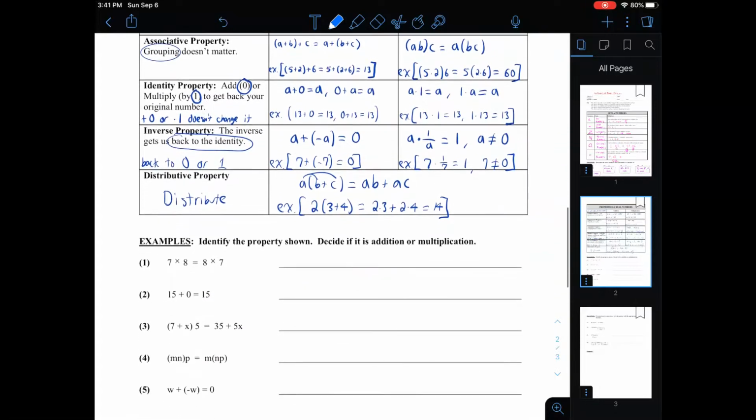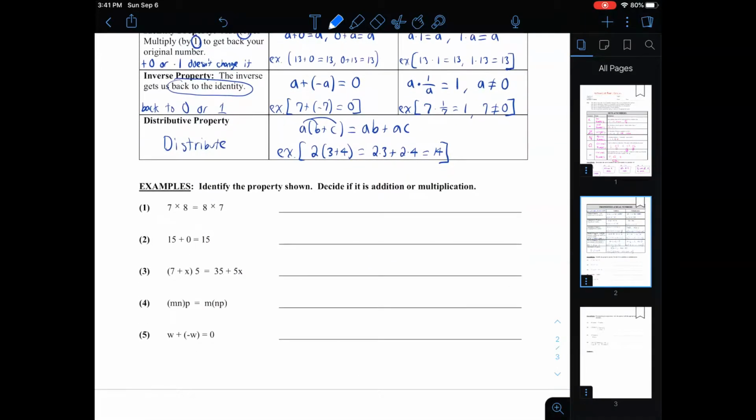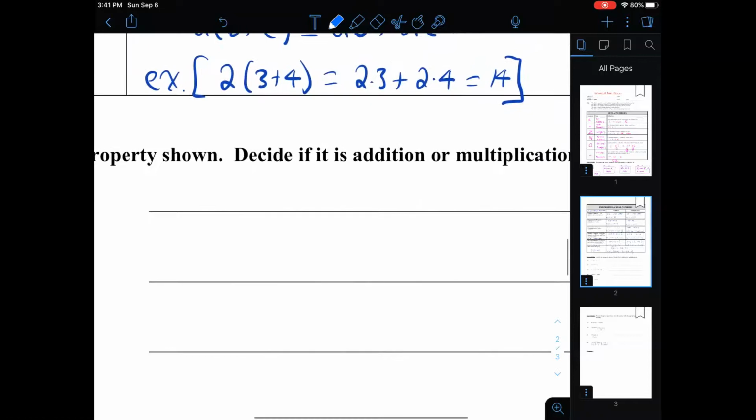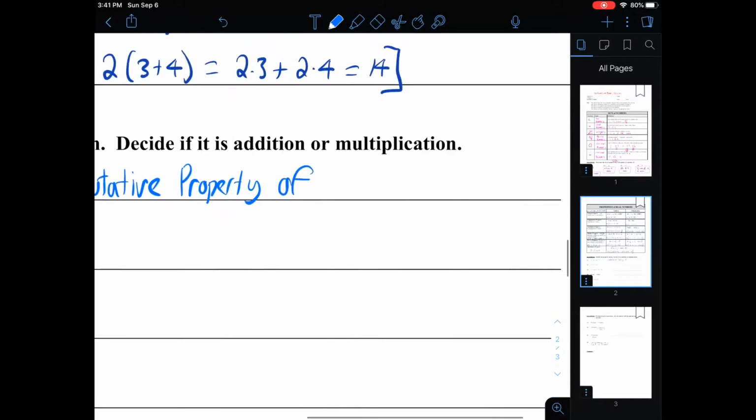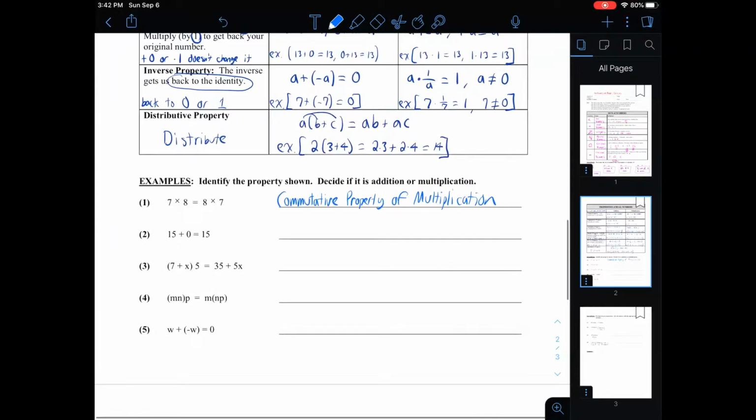Now we change the order, and order is commutative property. So for this one, this is going to be the commutative property of multiplication.